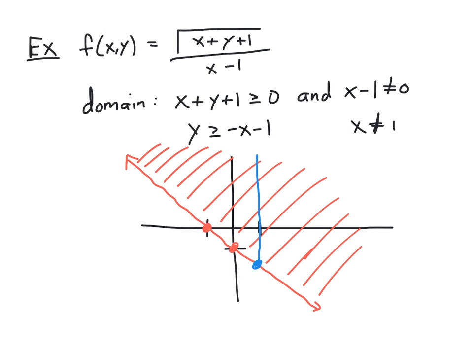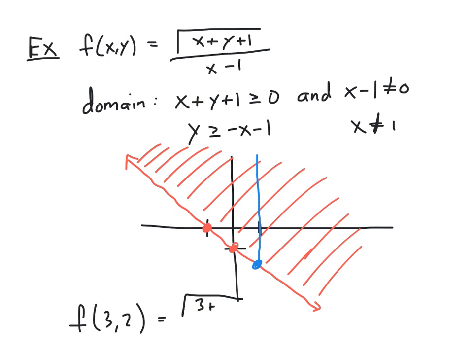Now once we have a point in the domain, to evaluate the function at the point is just as easy as it is with standard functions. So for example, if I wanted to know what the value of f of 3, 2 would be, right, what we would do is just substitute 3 in for x and 2 in for y into our function.